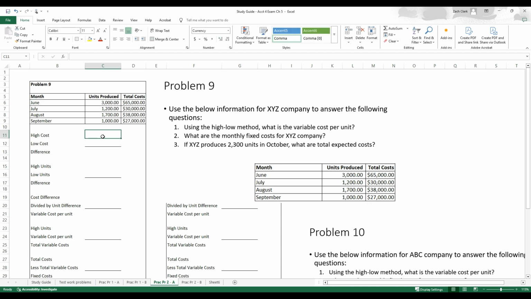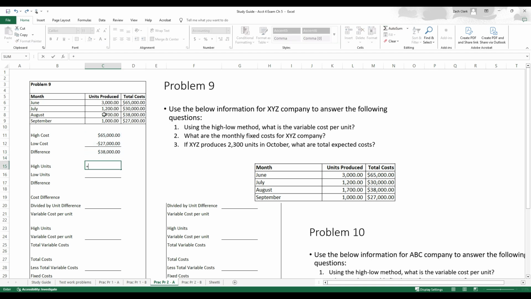Okay, so what we want to do is first figure out the difference between the high and low cost months. The highest cost month here is the 65,000, and then the low cost month is 27,000. I'll put a minus on this so that we can see the difference between those is 38,000.